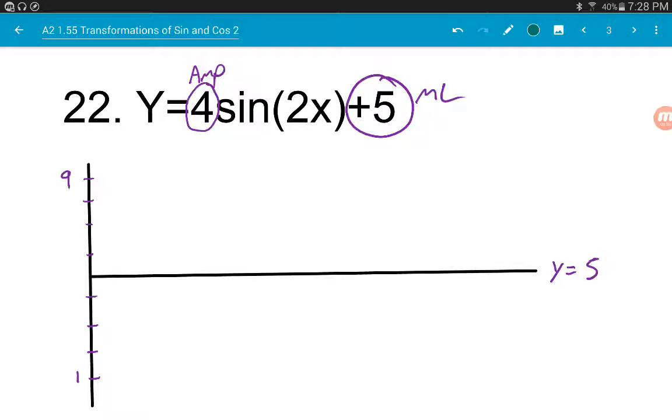Now, how many full cycles do I need? I need 2 cycles, because that's the frequency. So what does a sine function cycle look like? It goes up to the maximum, and then it comes down and hits the minimum. My second part should probably go down a little bit lower.